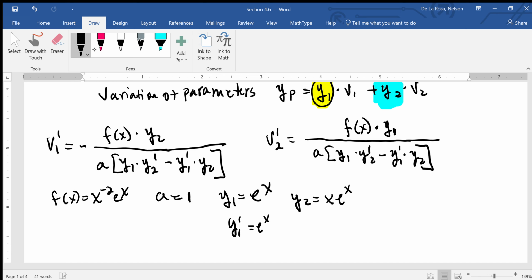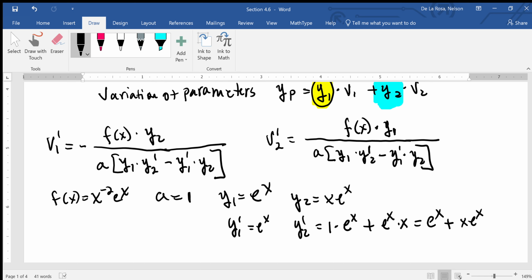For y2 prime, you have to apply the product rule: derivative of x is 1 times e to the x plus derivative of e to the x times x. This is e to the x plus x e to the x.